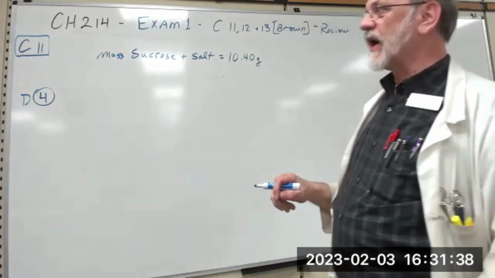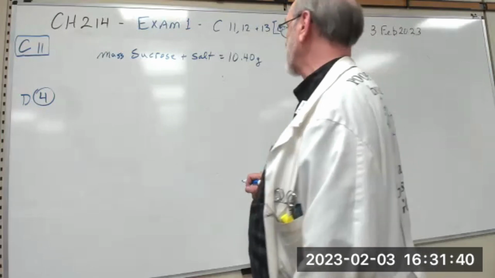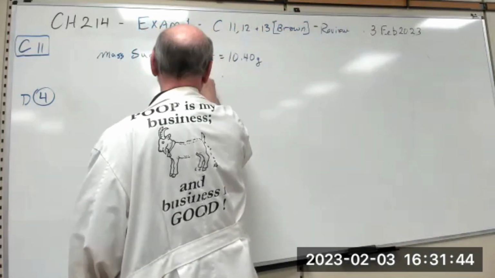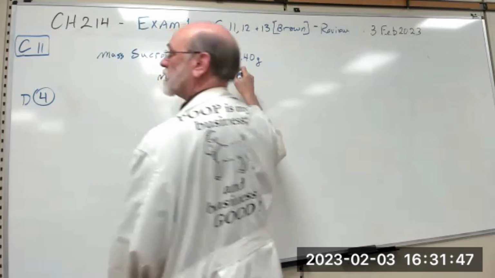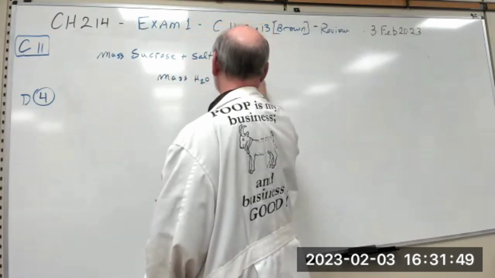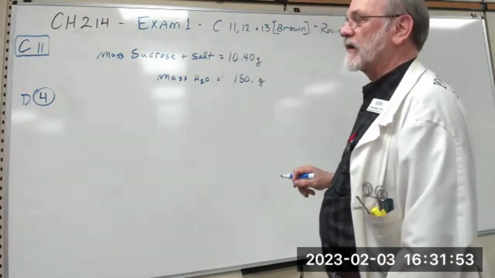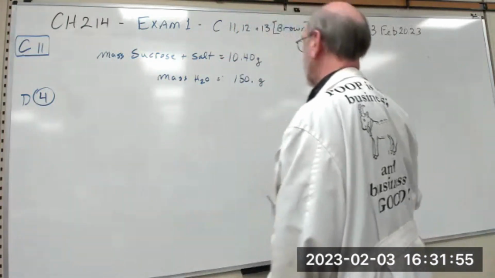When this mixture is dissolved in 150 grams of water, so the mass of water, which is the solvent, is equal to 150 grams, the freezing point is found to be minus 2.24.